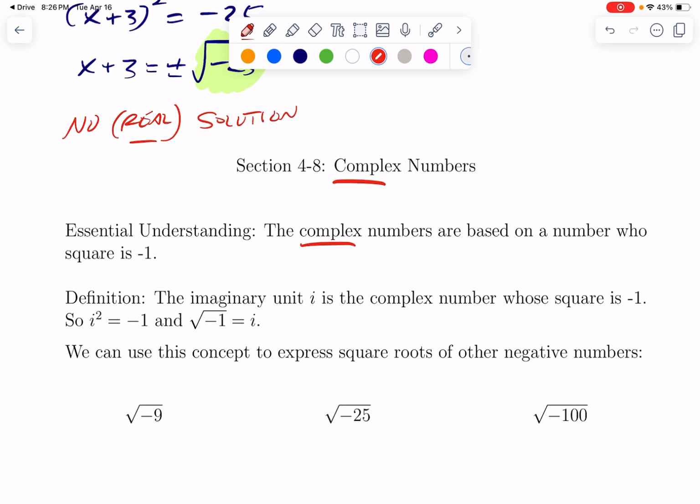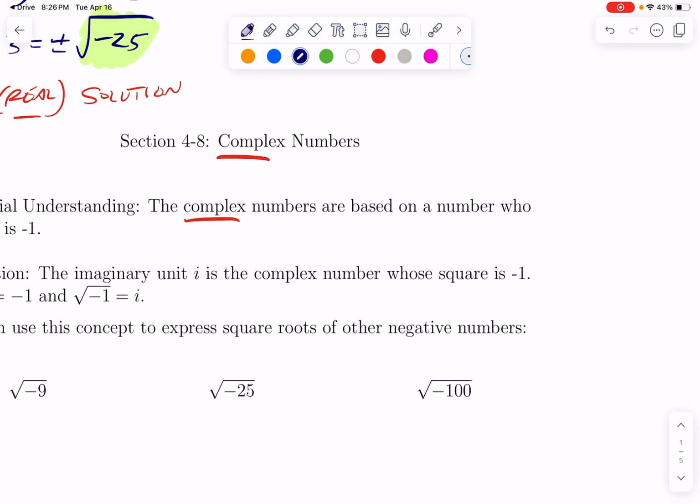We want to somehow think about taking square roots of negative numbers. If I want to take the square root of negative 1, that's essentially asking what is the number where when we square it we get negative 1. And no actual number has that property. No matter what you try, you'll never get a real number where you square it and you get negative 1.